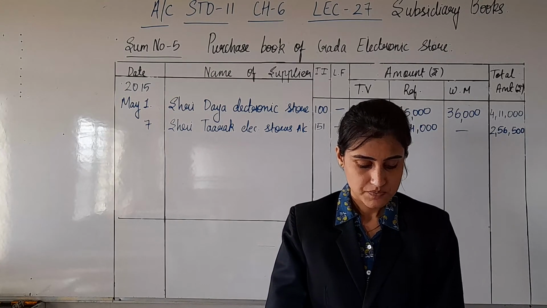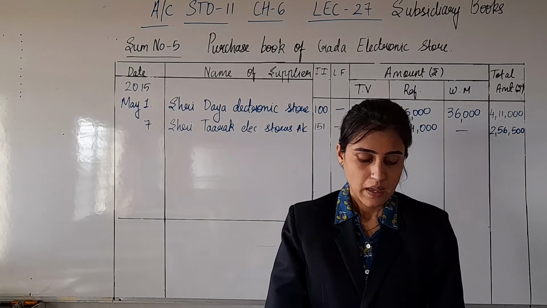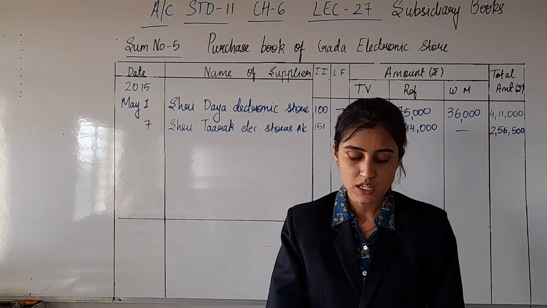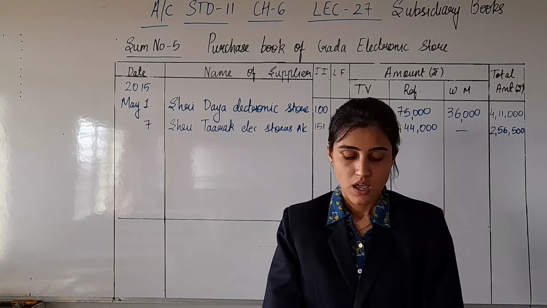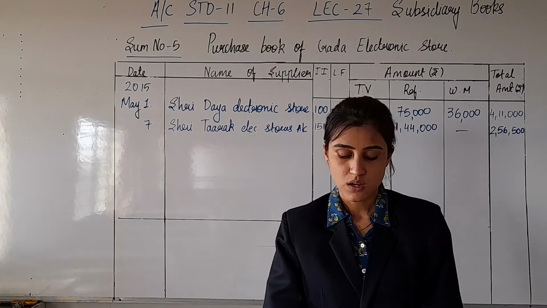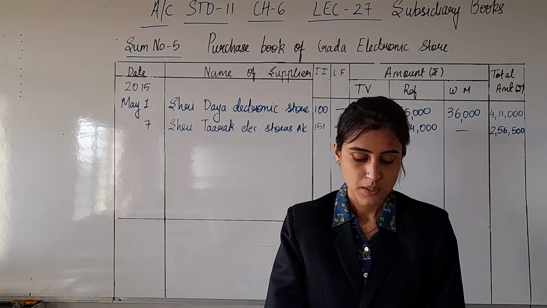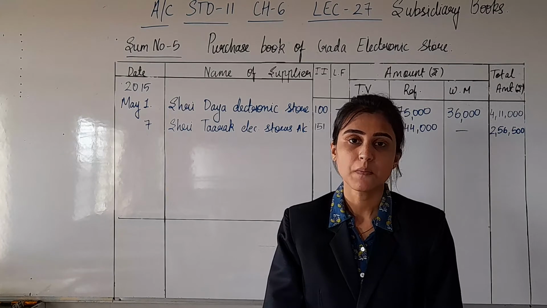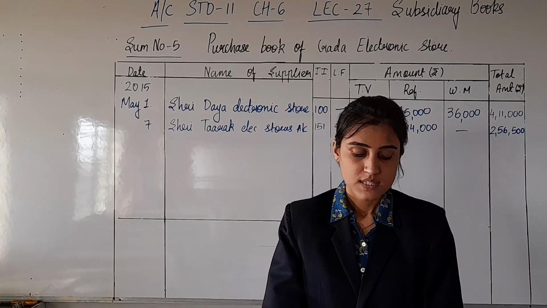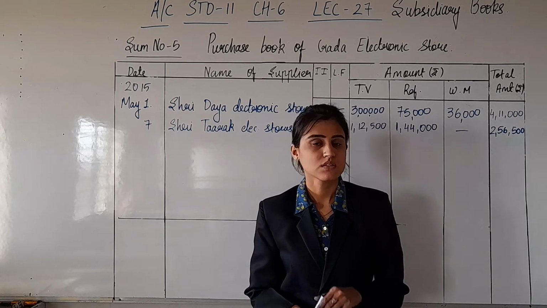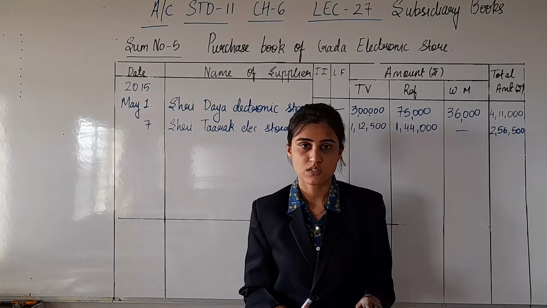25th of May, placed an order to Srimati Babita for supplying 20 pieces TV at rupees 28,000 per piece and 6 pieces washing machines at rupees 21,000 per piece. See, only order has been placed, the transaction is not yet initiated.